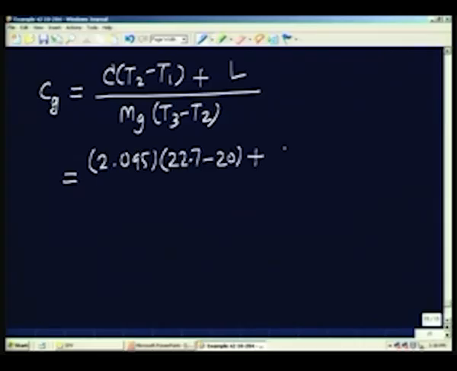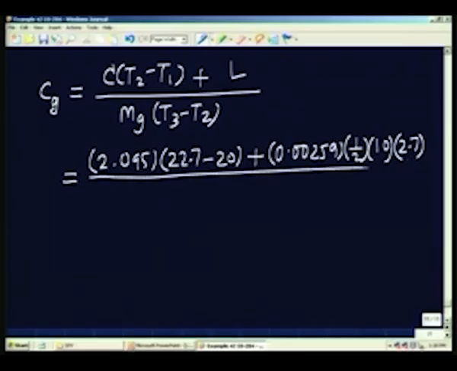K itself is 0.00259, and the integral is nothing but half the base into altitude, half into 2.7, divided by the mass of the glass beads multiplied by the temperature change, that will be 150 grams or 0.15 kilograms multiplied by 80 minus 22.7.